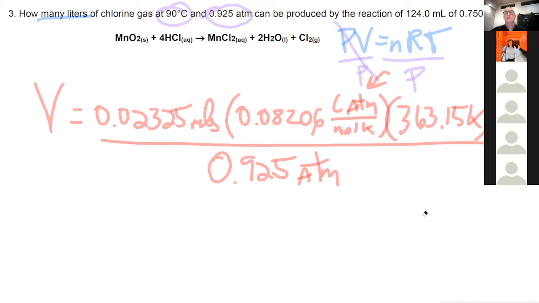That's why it's important to always have the units around to make sure that you're doing things properly. So now we have atmospheres on the top and atmospheres on the bottom, so we can cancel those. Moles on top and bottom, cancel those. Kelvin on top and bottom, cancel those. So the only unit I have left is liters, and that's what I want. So now it's just a straightforward calculation.